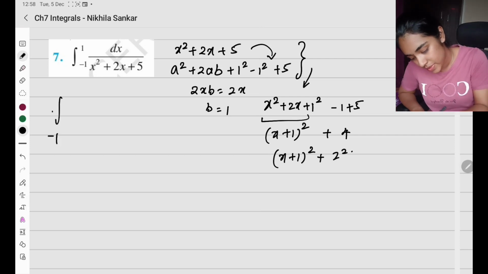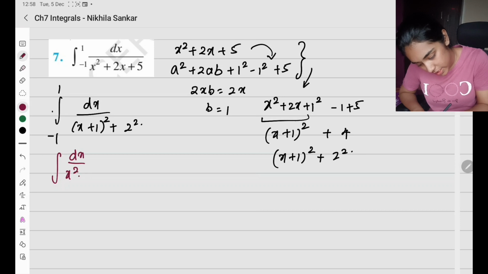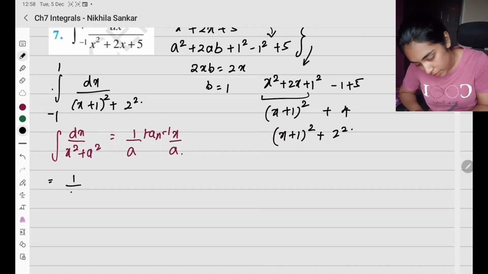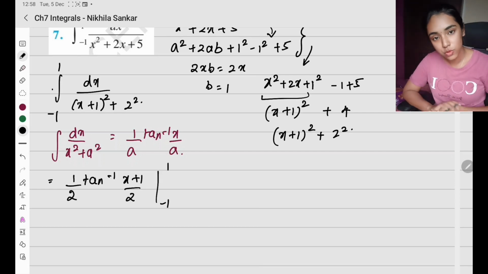So my integral looks like dx divided by (x plus 1) the whole square plus 2 square, and this is of the form dx divided by x square plus a square, which is 1 by a tan inverse of x by a. I substitute that: 1 by a tan inverse of x by a from minus 1 to 1.